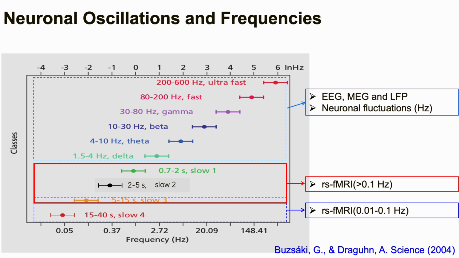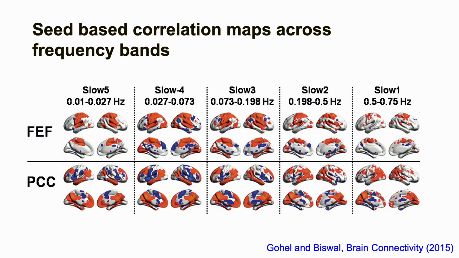So that is what we did to look at the different frequencies as is described in electrophysiology, and what we find is that most of the dominant signal is still below 0.2 Hertz.